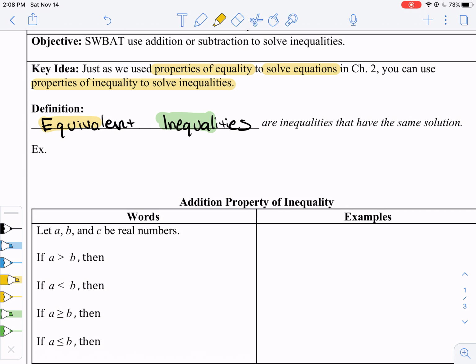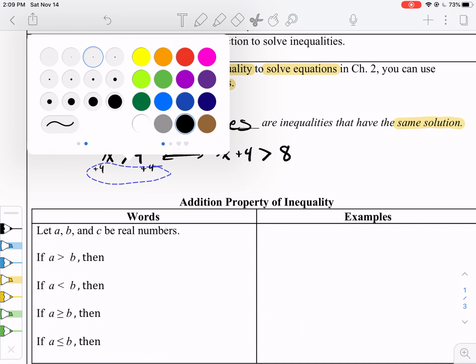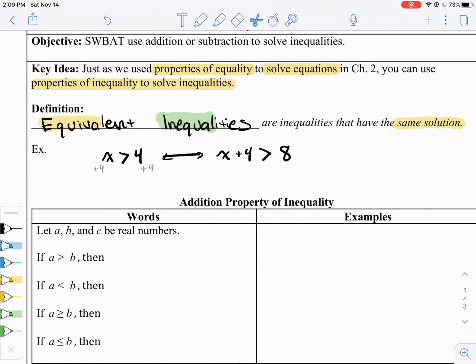Well, they're equal because they have the same solution. Example, if you had x is greater than 4, that's equivalent to x plus 4 is greater than 8, because you just add 4 to both sides and you get x plus 4, and 4 plus 4 is 8. Isn't that great? So great because it rhymes with 8.